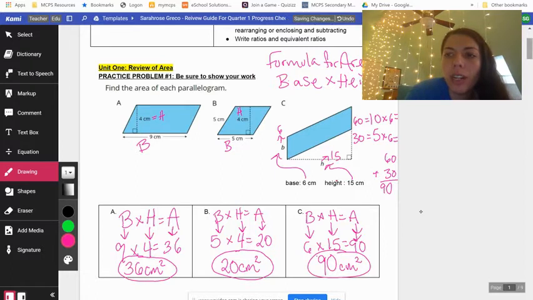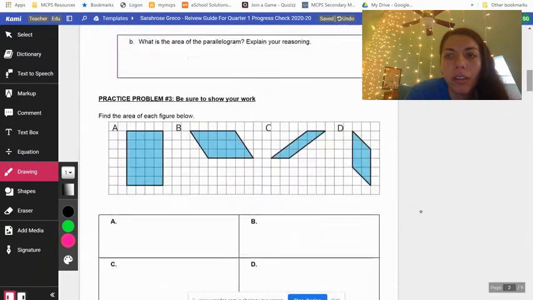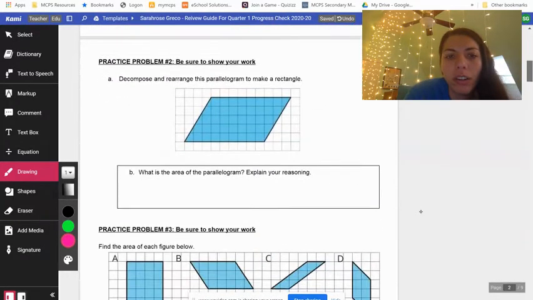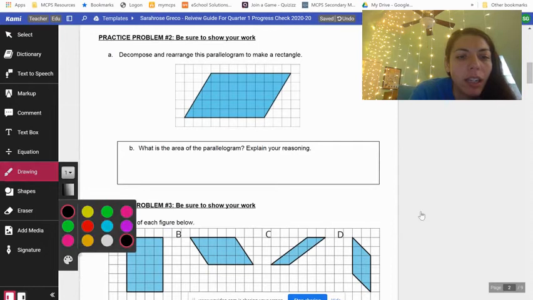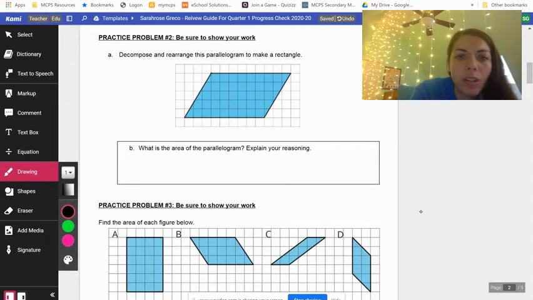All right, let's scroll down. Ooh, too far. Decompose and arrange this parallelogram to make a rectangle. So I'm going to switch to black, and I am going to cut this part. I'm going to cut this triangle. I'm going to take this piece, and I'm going to move it right there.